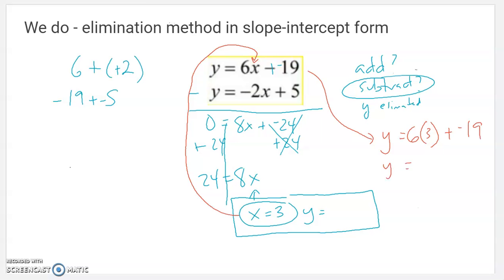So that means y equals 18 plus negative 19. So y equals negative 1. Now I'm done. Now I've got both variables solved for. No graph needed, super precise, no guesswork. I get an exact answer every time with elimination.